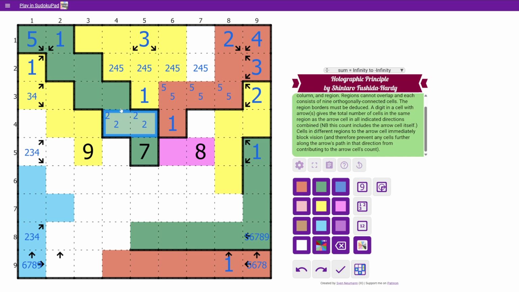That's the only place left. 4s would be somewhere in there. 6, 7, 8. This cannot be 9. Maximum could be 8.